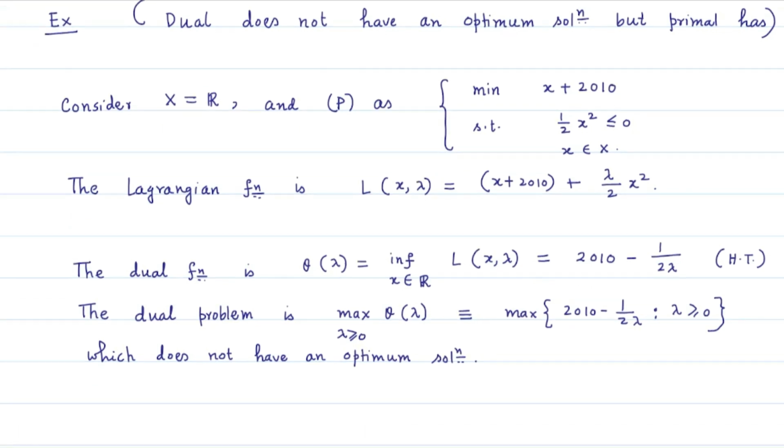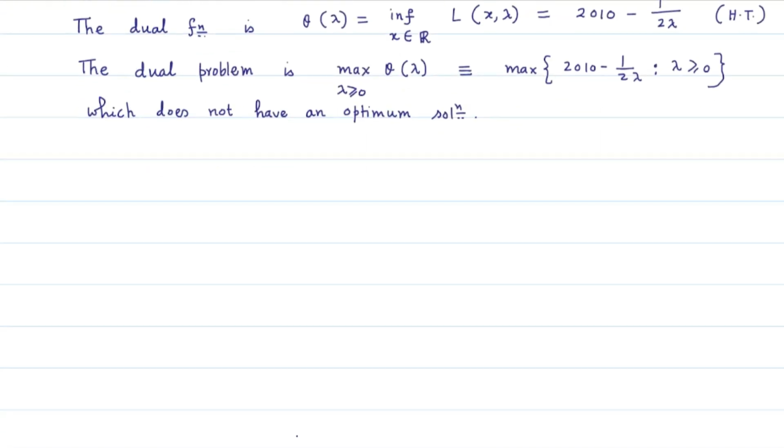Now next I would also like to give an example where the dual has an optimum solution but the primal does not have one. For such an example, I will give it as a home task.